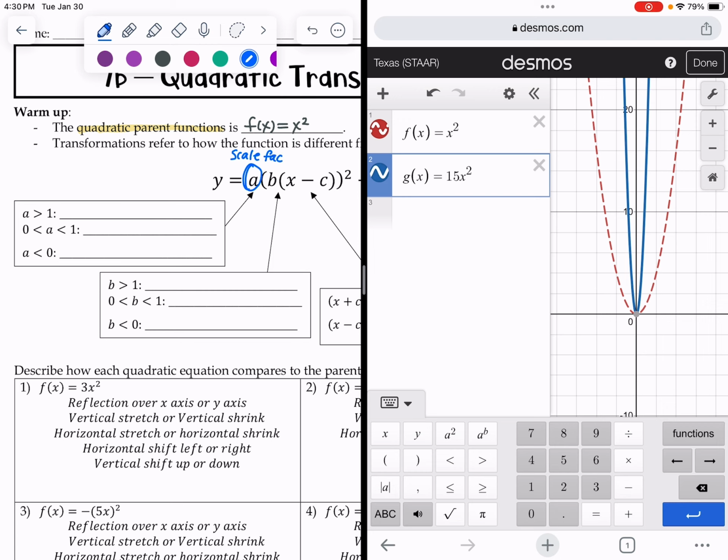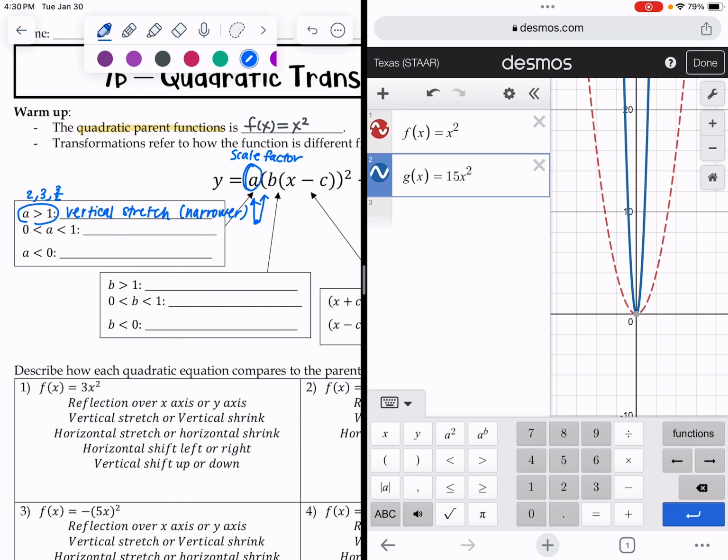If that number is bigger than 1, so for example 2, 3, or even like 3 halves, as long as it's bigger than 1, we call it a vertical stretch. And it makes the function narrower because it's taller. The taller it is, the more narrow it looks.